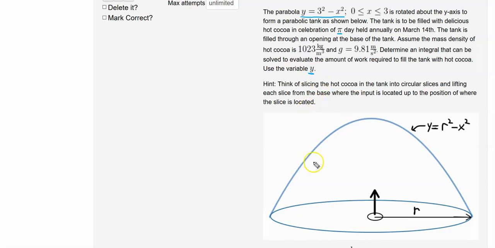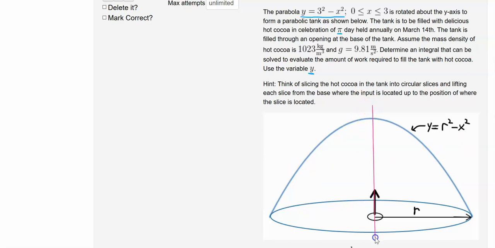So once again, what we're going to do is take our solid and think of slicing it into thin pieces and calculating how much work it takes to move those thin slices. Let's first mark the y and x axes.